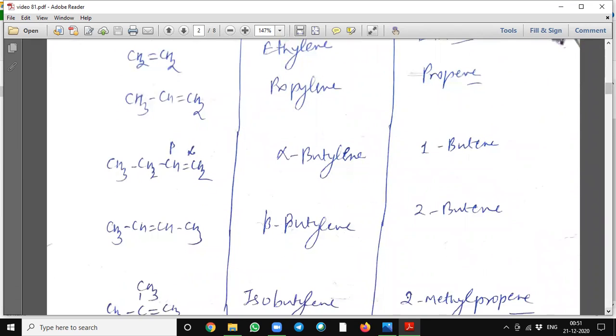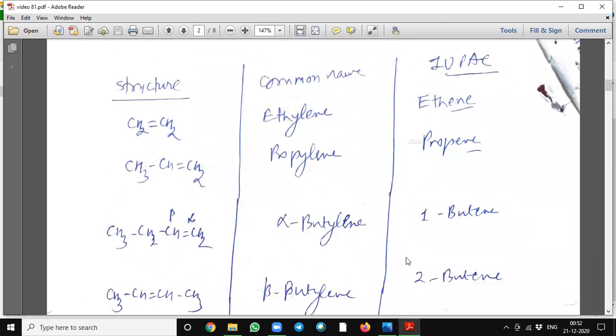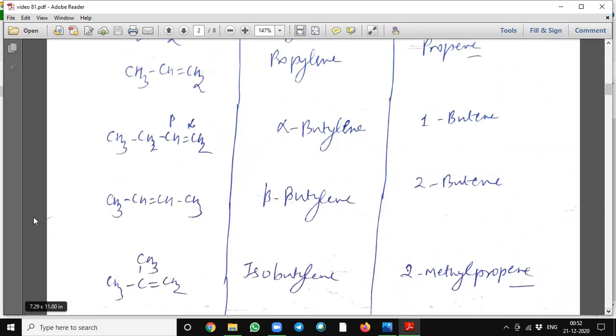See the common structure of the alkene molecules. Ethene, its common name is ethylene, and IUPAC name is ethene. This molecule, common name is propylene and IUPAC name is propene. This molecule has the double bond on the first carbon, between the first and second carbon, so it is alpha butylene, its common name, and IUPAC name is 1-butene.